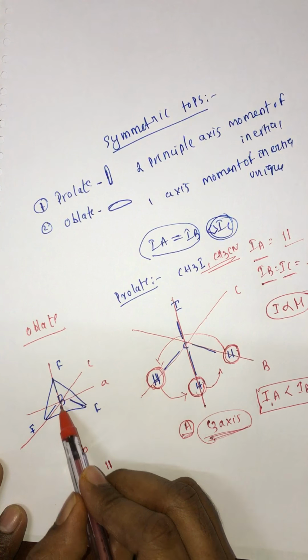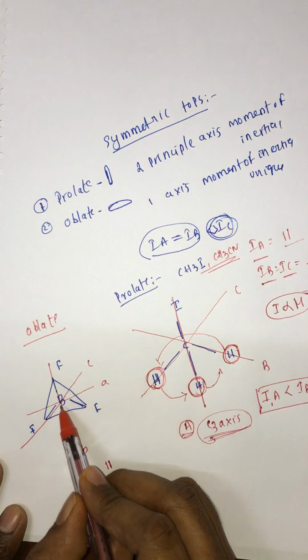We have three different moments of inertia: along the x-axis one kind, along the y-axis a different one, along the z-axis a different one, and all three moments of inertia are microwave active. They may ask a question: how many microwave active moments of inertia are present for asymmetric top molecules? So we have three.